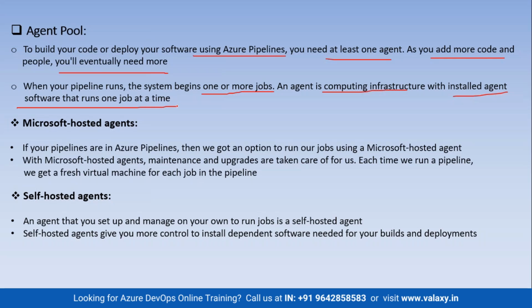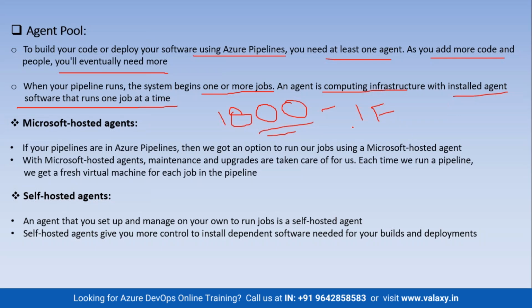Okay, so by default we get 1800 minutes free. If you're working in a free tier, it's 1800 minutes free, and you get one free agent.